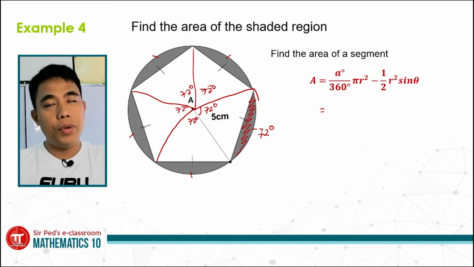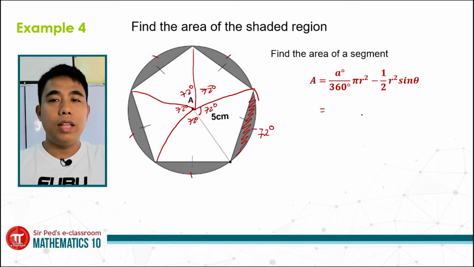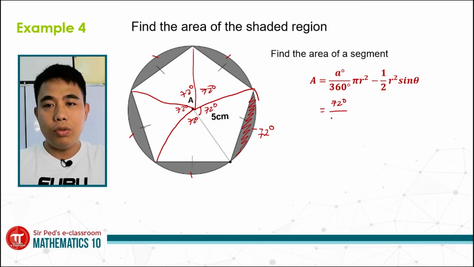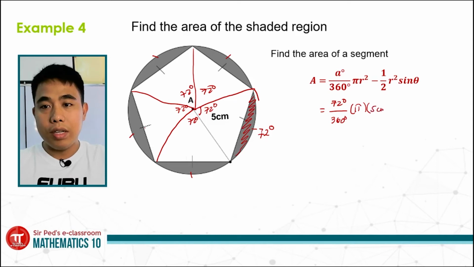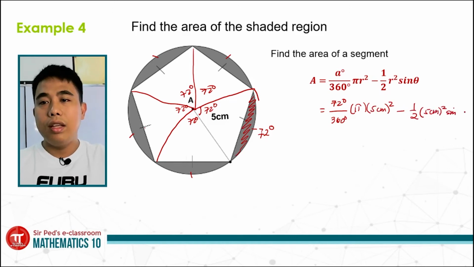So, if you're going to add all, it is equal to 360 degrees. So, this will be 72 degrees over 360 degrees times pi times the radius, it is 5 centimeters squared, minus 1/2, the radius is 5 centimeters squared, sine theta is 72 degrees.